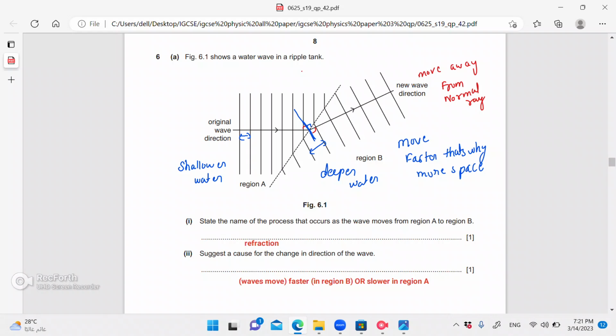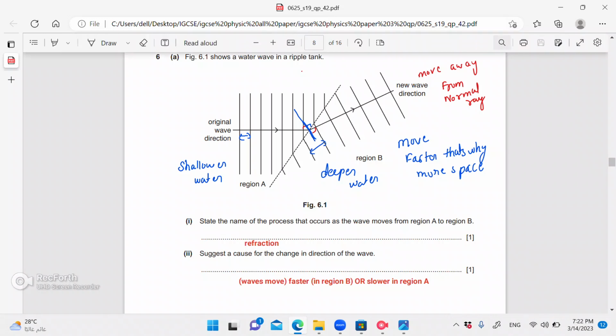It increases, right? The distance increases when it moves faster. When it moves faster, the wavelength will be greater. Okay, so when it moves from shallow to deeper, the wavelength decreases.